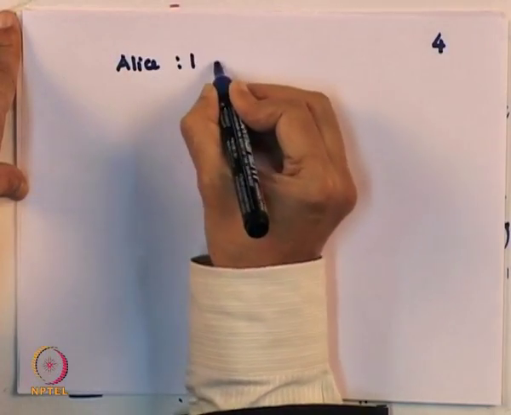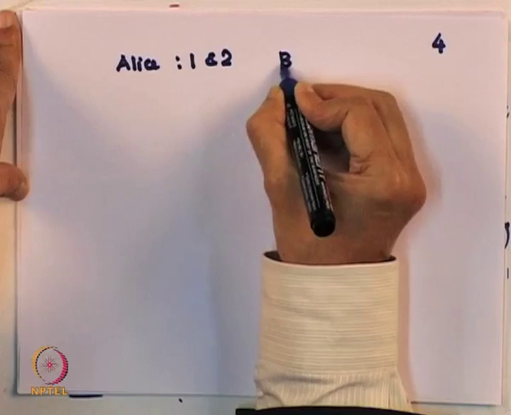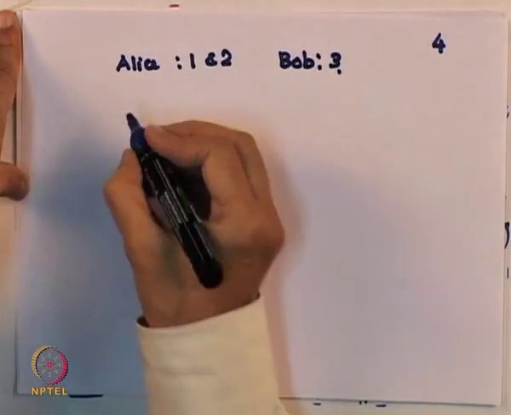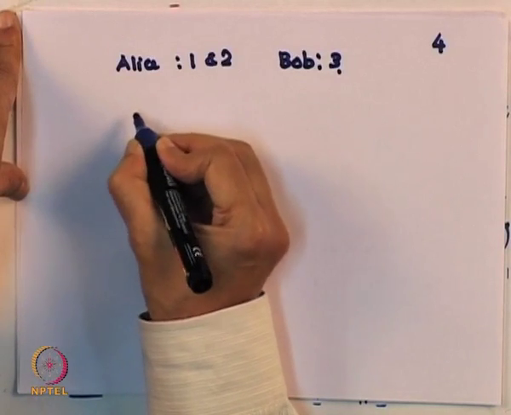Okay, so before coming to the second part of this operation, let us try to understand what has happened. So we will write down, remember that Alice has qubit number 1 and 2 and Bob has qubit number 3. So to start with, what I have is the following state.